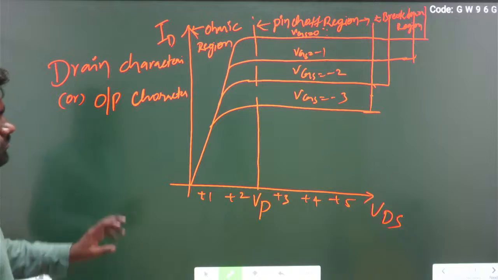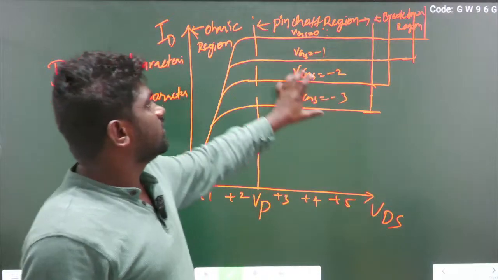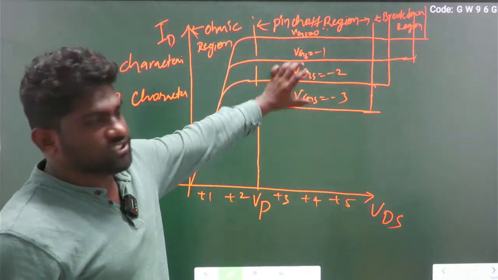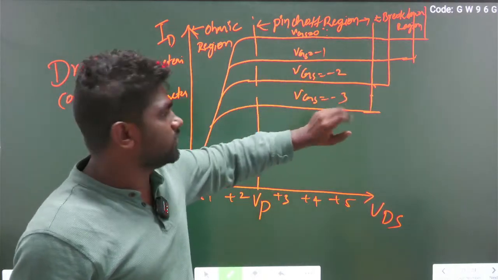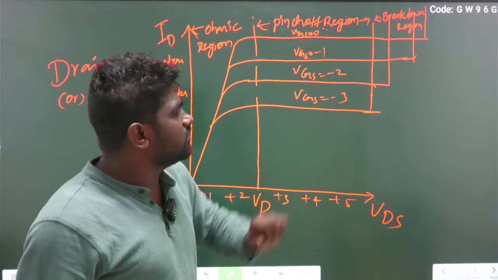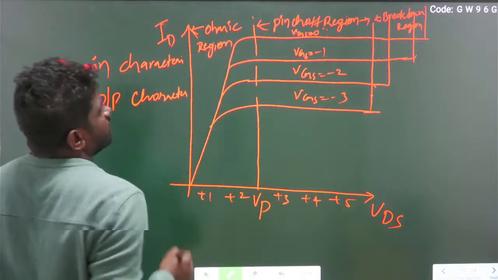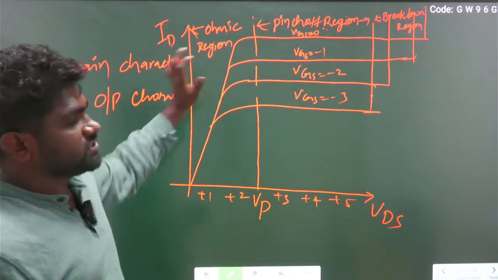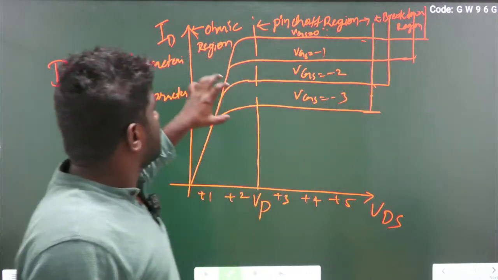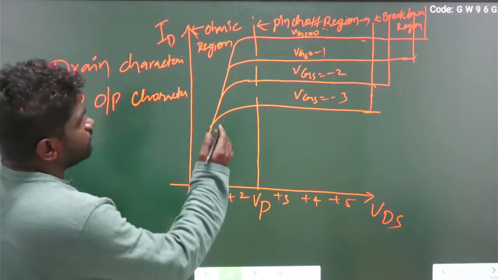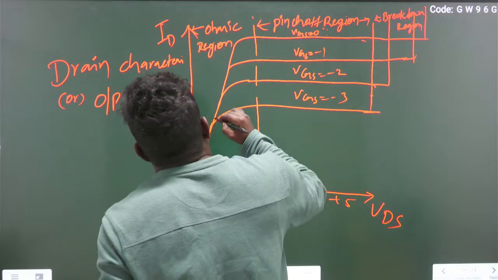The drain characteristics are drawn between ID versus VDS. I am applying different VGS voltages. First I took VGS equal to 0, then VGS equal to -1, -2 and -3. In JFET I have 3 regions in the drain characteristics: the ohmic region, the pinch off region, and the breakdown region. In the ohmic region, the current is passing through the origin linearly.